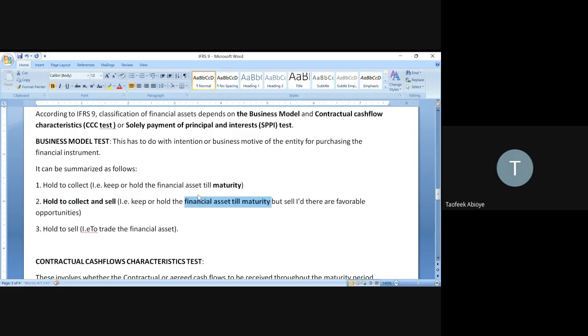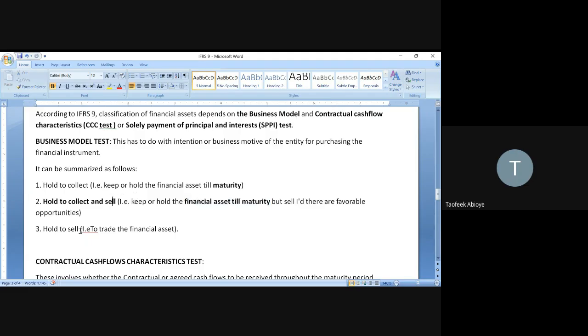Mr. Folajaye now says, sell these shares for me. And I say, how much? Okay, I'll give you 40 million. I now sell it. So my business model is that I hold it to maturity. However, when there is a favorable opportunity, I can sell it. So that is the second business model.